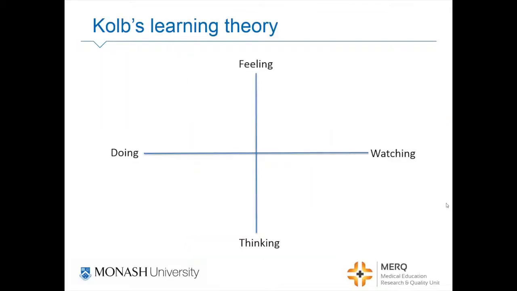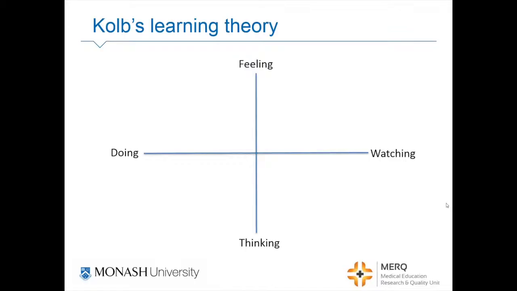I don't want to spend too much time on learning theories because there are a number out there, and depending on what your flavour is, you could argue for one over the other endlessly, and that's evident within the literature. But one I think is fairly generic is Kolb's learning theory, and it's one we've heard a lot about in the past, how people have different learning styles.